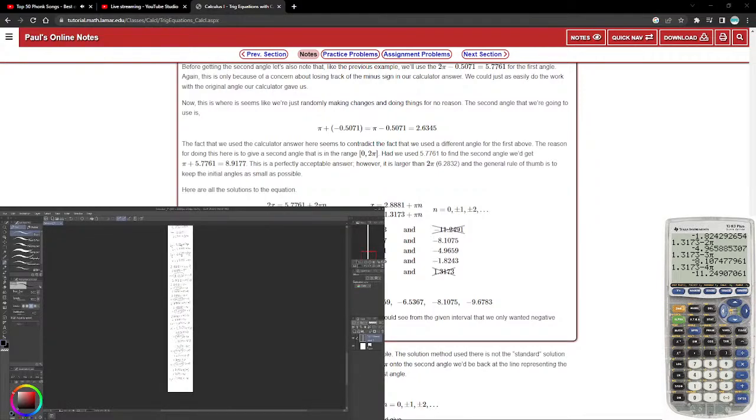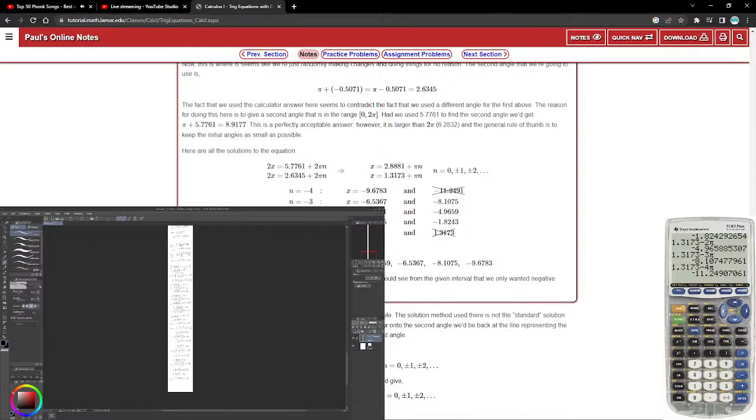So I got 1, 2, 3, 4, 5, 6, 7. Note as well that we didn't need to do the n equals 0 computation, since we could see from the given interval that we only wanted negative answers, and these would clearly give positive answers.